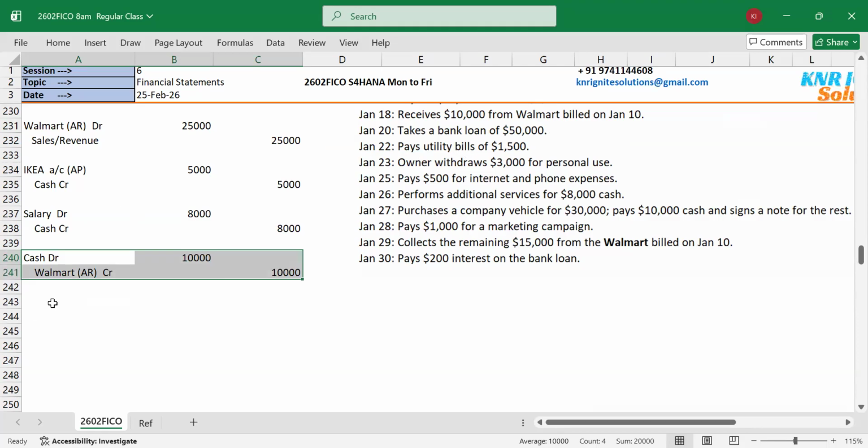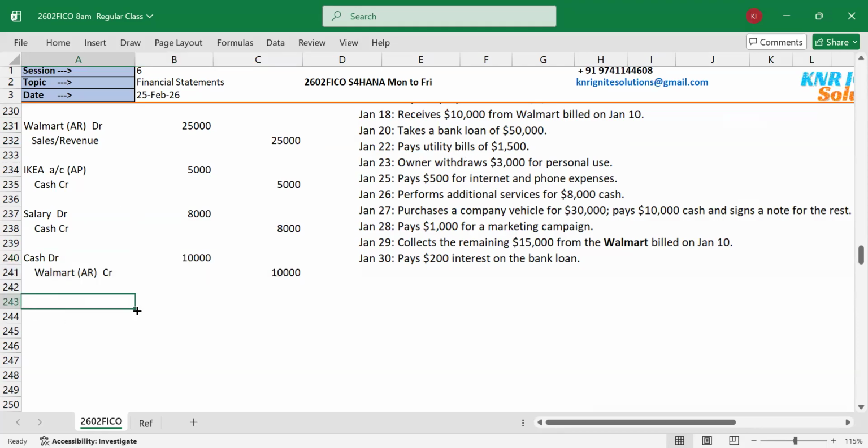Now they are in a position of expanding their business, or the $1 lakh that they brought in, they are not able to manage it. They need more loan, more capital. So they have taken a bank loan of 50,000. Loan is a kind of liability that you need to pay back later.